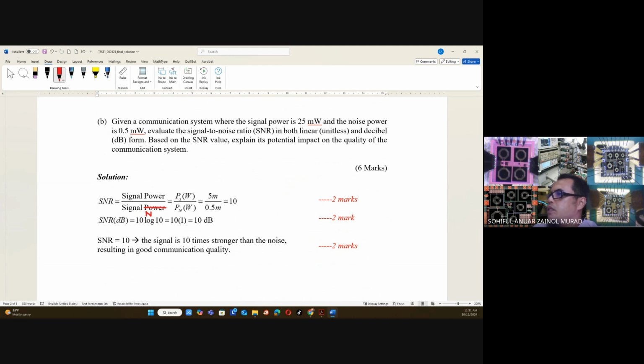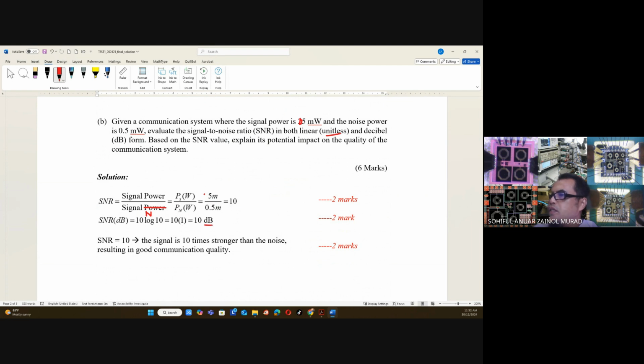So the signal power divided by noise power, 5 milliwatt divided by 0.5 milliwatt, so we get 10. So the signal to noise ratio is 10. This is unitless, and then in dB it is 10 log 10, which is 1.